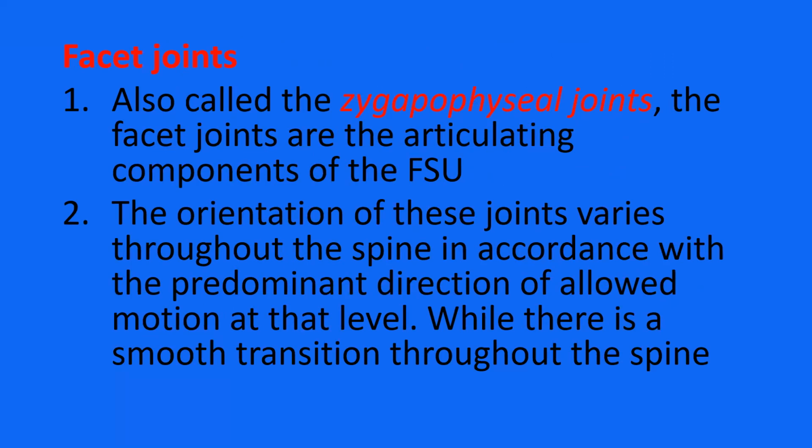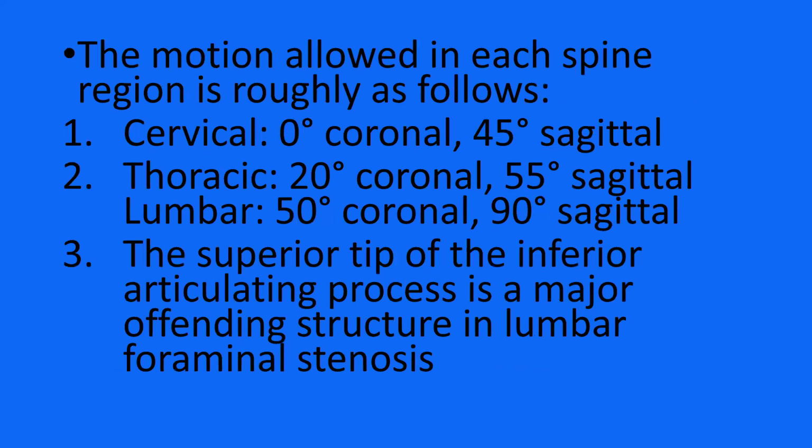The orientation of these joints varies through the spine in accordance with the predominant direction of allowed motion at that level, while there is a smooth transition throughout the spine. The motion allowed in each spine region is roughly as follows.